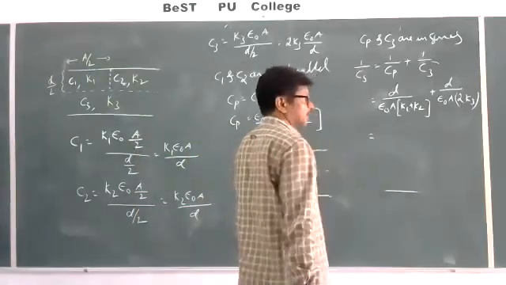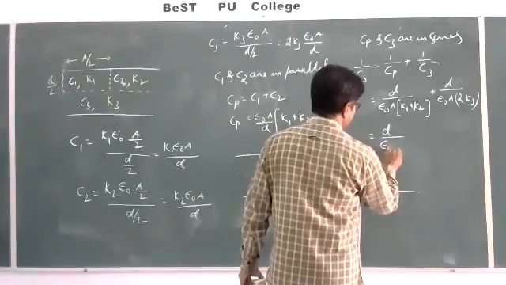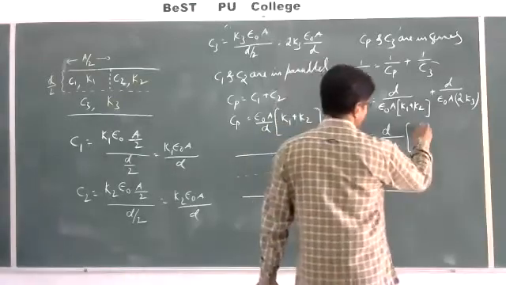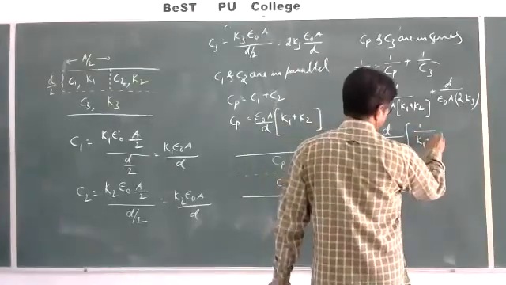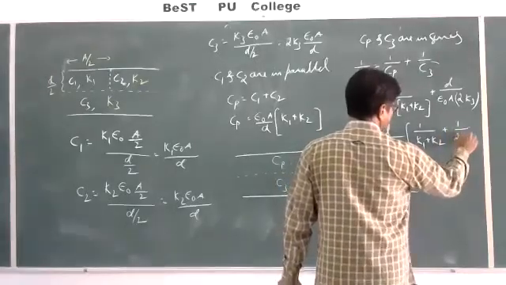Then if I take D by epsilon naught A common, we get 1 by K1 plus K2 plus 1 by 2K3.